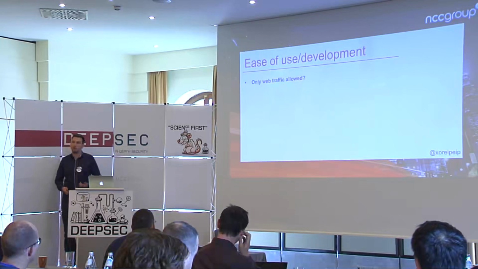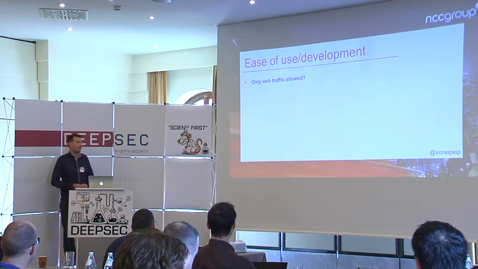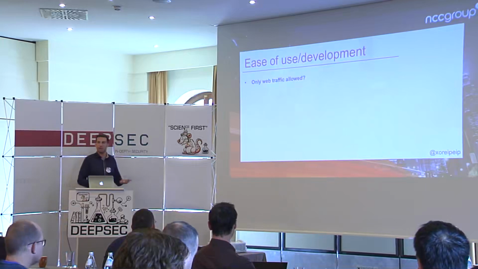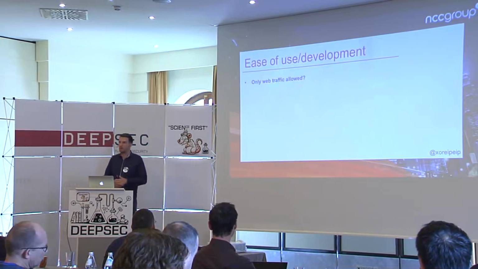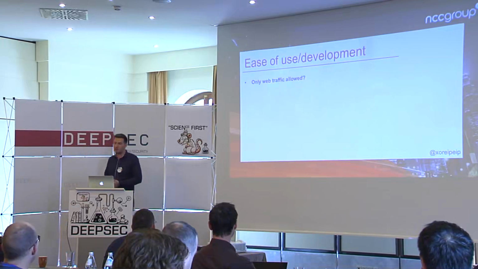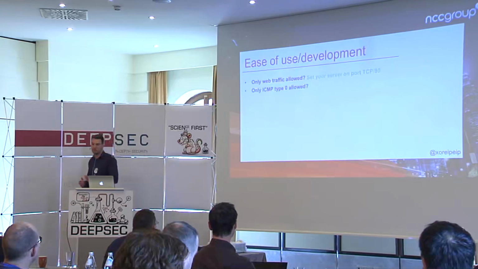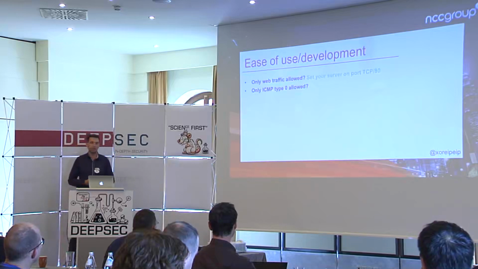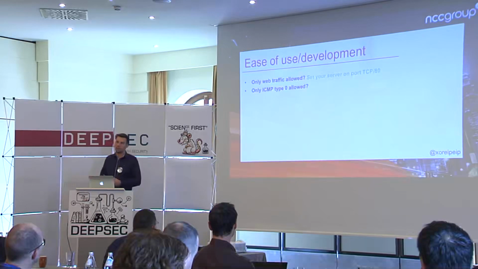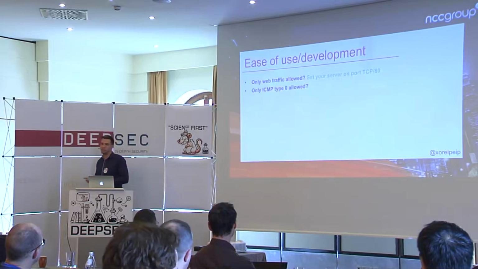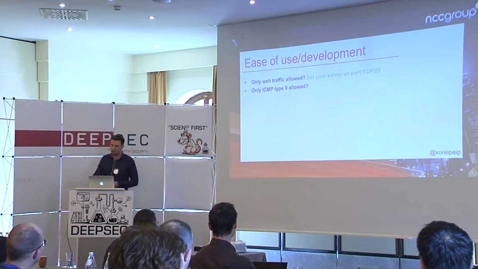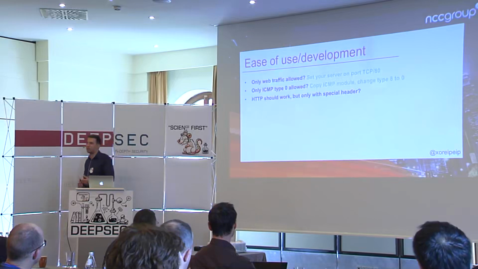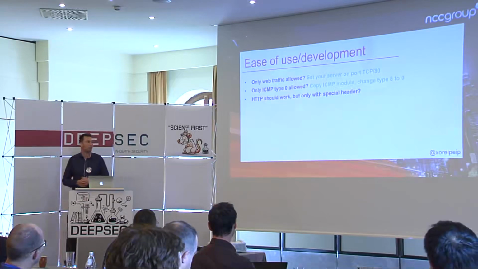It's a bit of a struggle. But if you want to use the tool or develop for it, it's kind of easy. For example, if you have a network where everything is filtered, but port 80 HTTP is allowed, then you just bind the XFLTReaT on port 80, and you are good to go. If you have a network where the ping request is filtered, but the ping response somehow isn't, you just copy the ICMP module, change the type 8 to 0, and you are good to go.